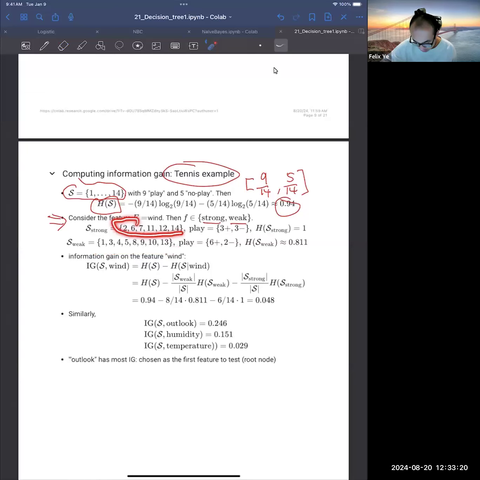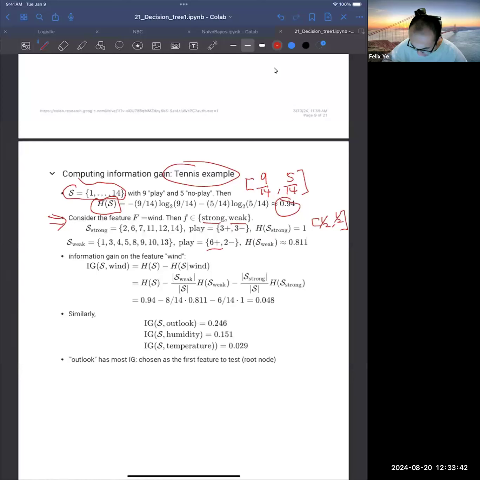For the 6 that are strong, there are 3 play and 3 no play. That means the entropy for this set is just 1, because it's half and half.